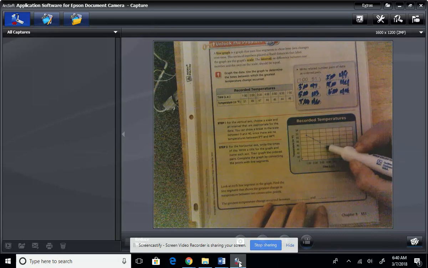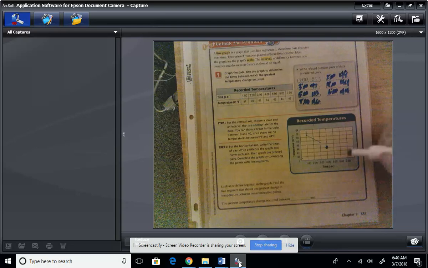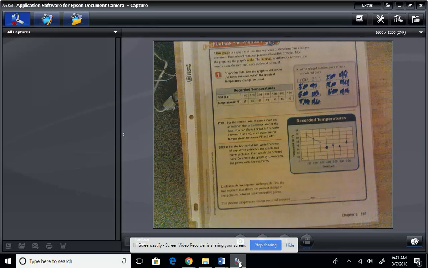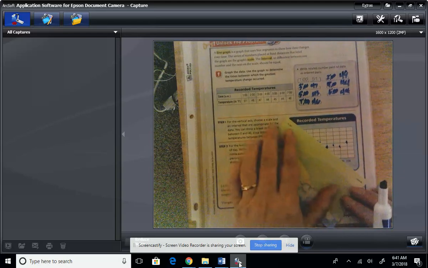So right on that line in between, put a dot, a coordinate point. 5 was 45, so it's going to go up a little bit. 6 was 44, back down. And 7 was 46. All right, and this is where you want to have a ruler out to make your line straight.